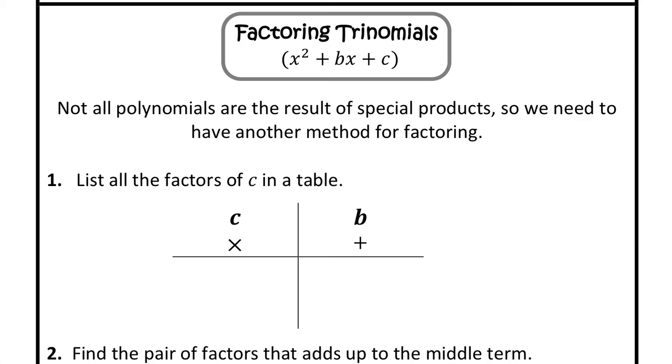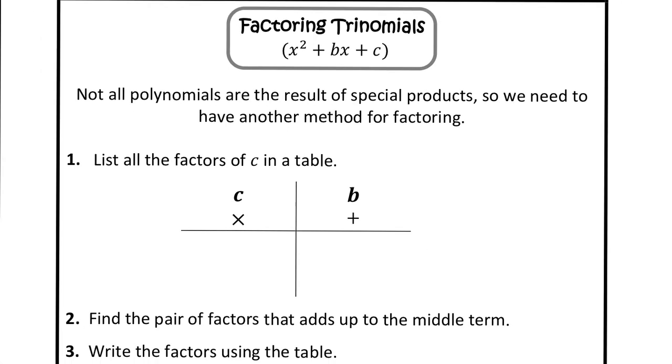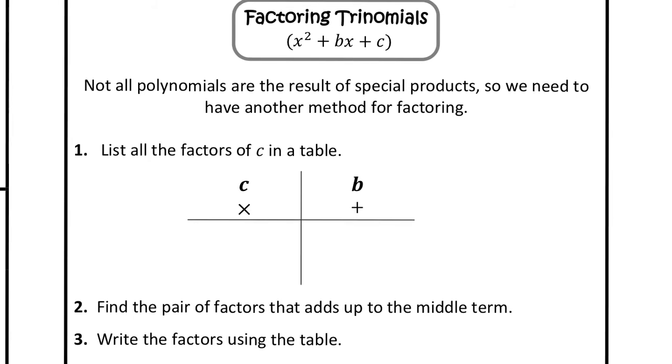Usually, this last term here we call C. The middle term, we call B. And what we're looking for is two numbers to multiply to give me C and add to give me B.